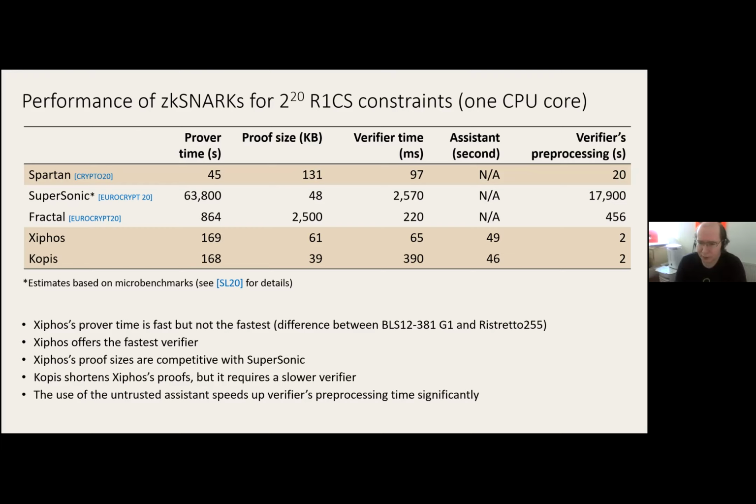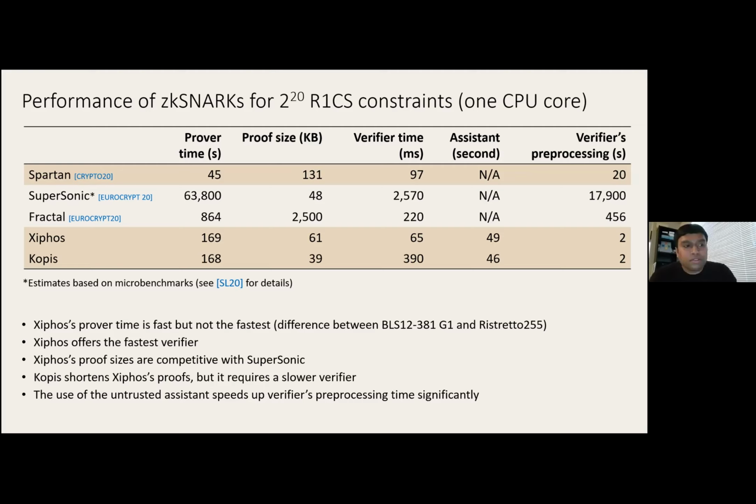The ratio between the Xiphos and Spartan prover times there is a little bit larger than I would expect for the difference between Ristretto255 and BLS12-381. How was the arithmetic for BLS12-381 optimized?